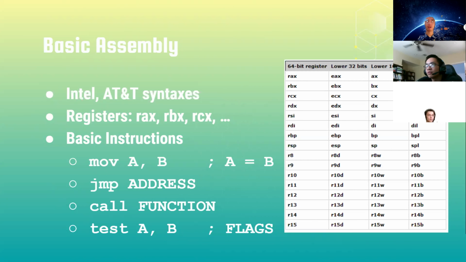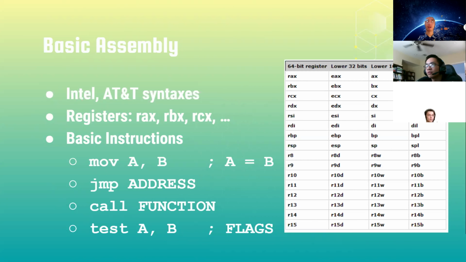And you also have the call instruction. If you know programming, you know that there are functions and you can call them. The call instruction is the same as the jump instruction, but it does a bit of extra stuff which we won't cover here. It jumps to that function, it does its thing, and then the function returns and it goes back to the next instruction.